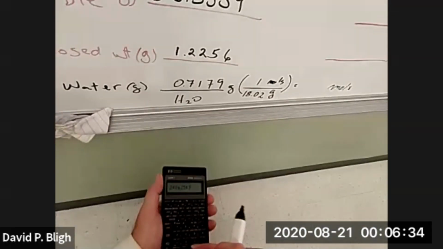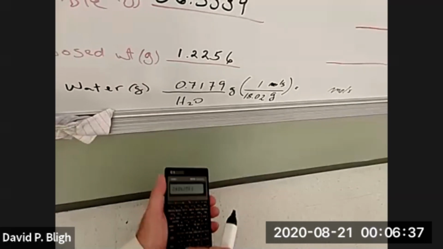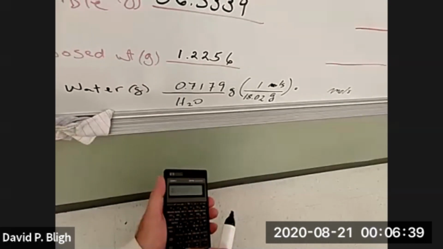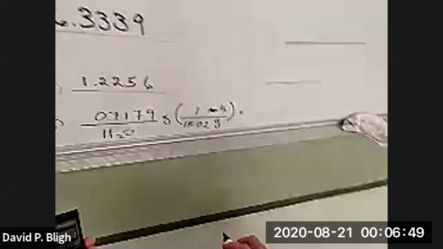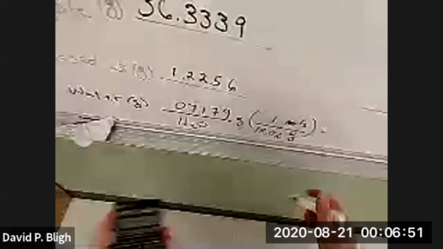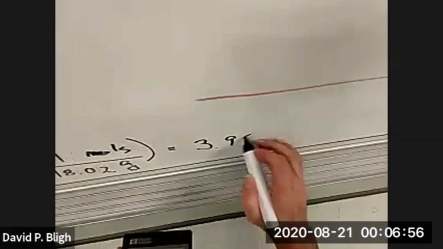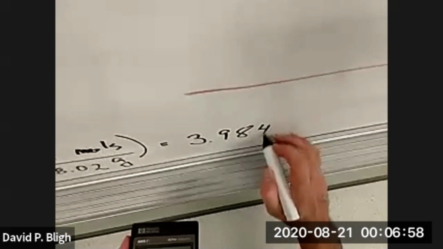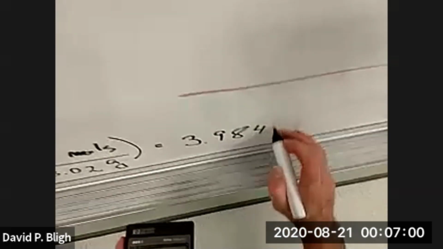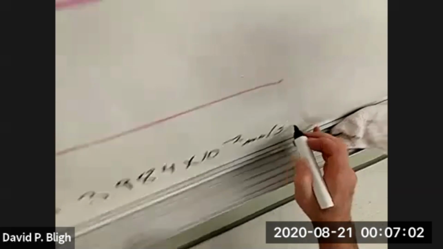So let's do 0.7, 18.02 is, actually I'm going to need a little more scientific notation. How many significant figures do we have? 4 here and 4 here. So we can have here 3.984 times 10 to the minus 2 moles water.